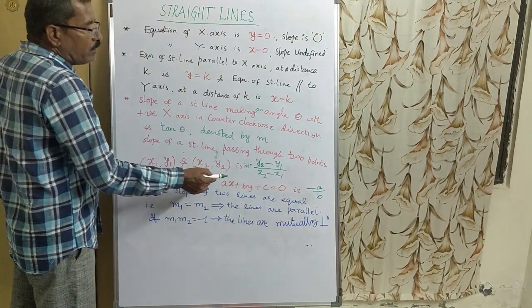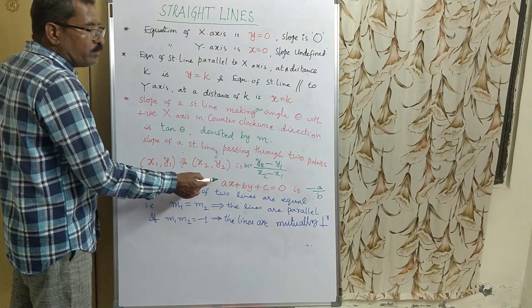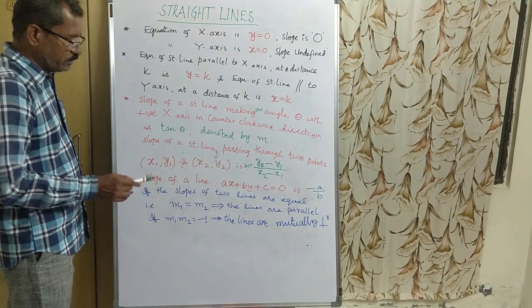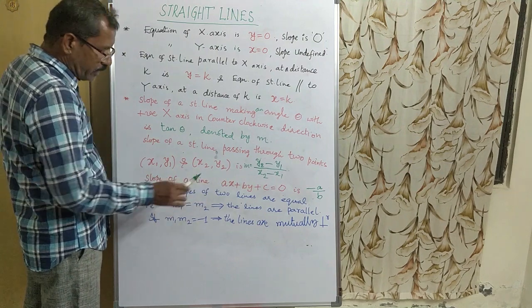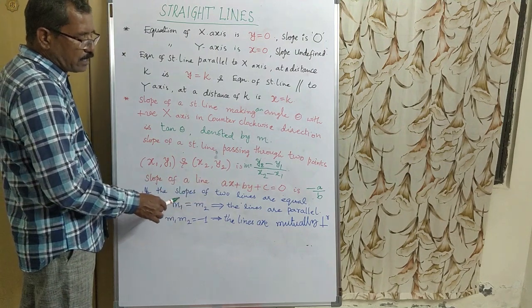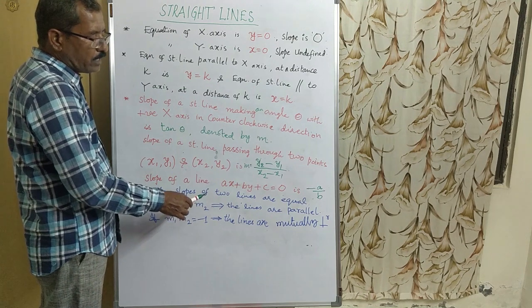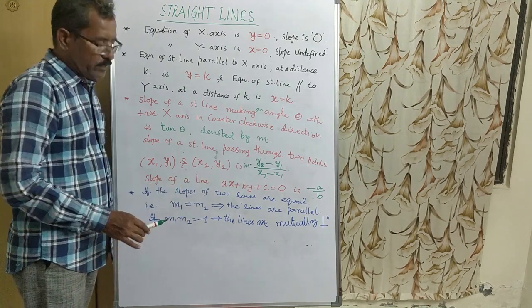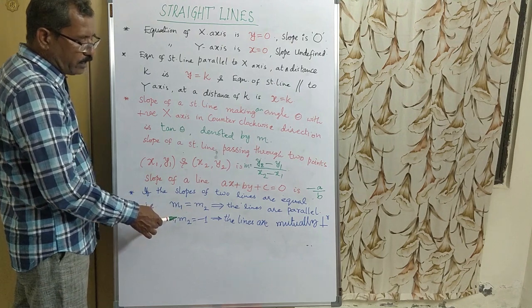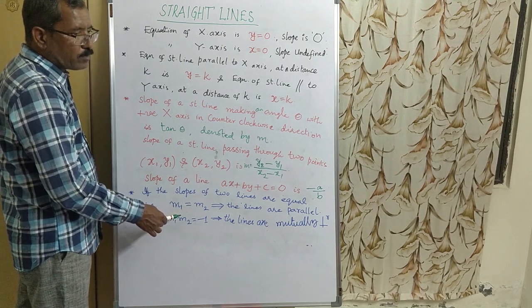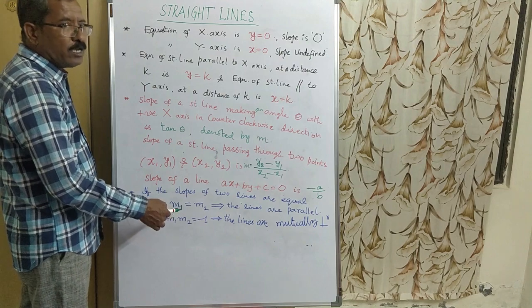If the slopes of two lines are equal, that means m1 is equal to m2, the lines are said to be parallel. If m1 into m2 is equal to minus 1, that means one is the reciprocal and the negative of the other slope, the lines are mutually perpendicular.